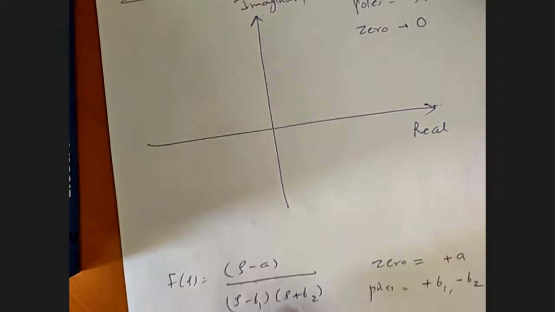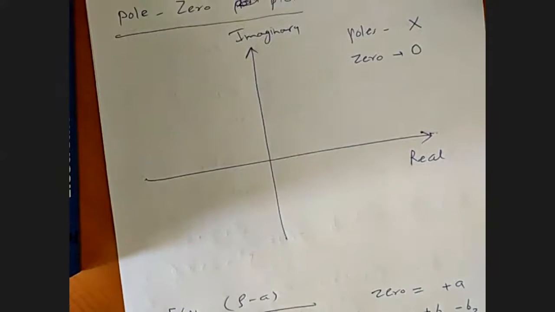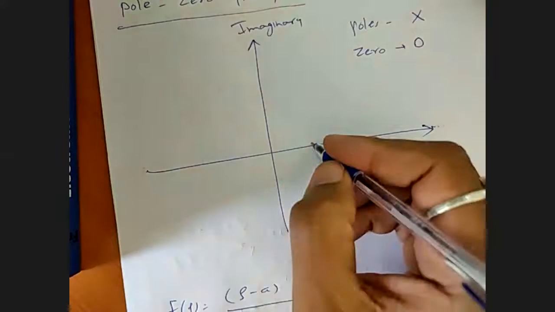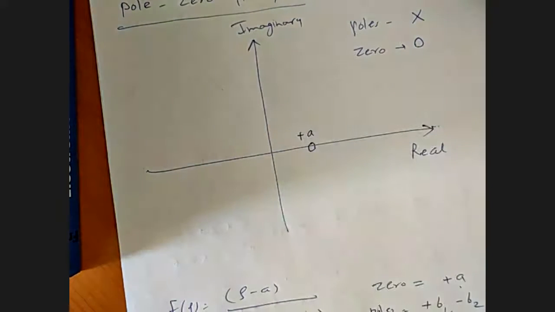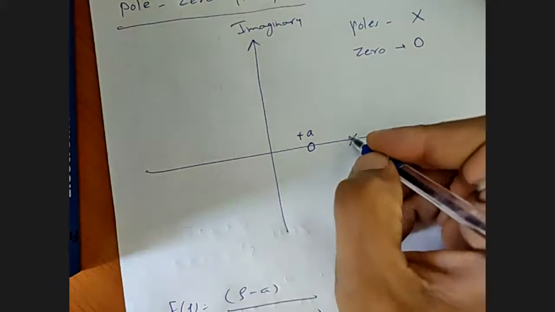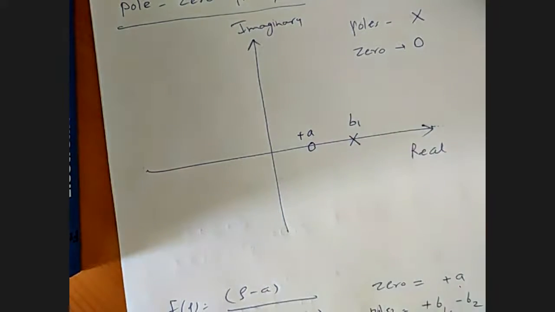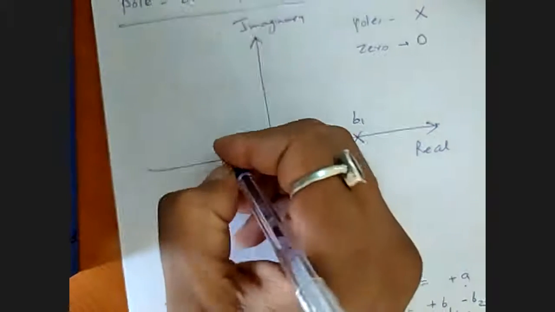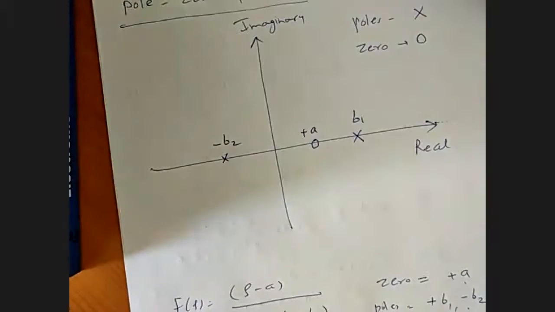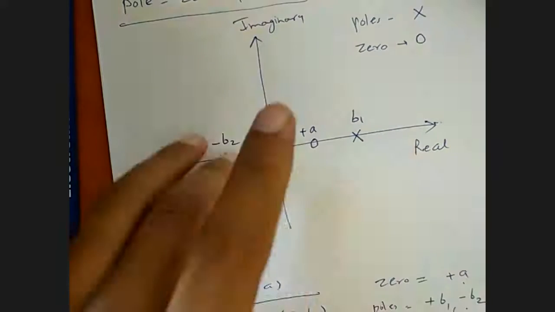So simply we have to represent this: we will have a circle at plus a, a cross at b1, and a cross at minus b2. So this is the pole zero plot of this function.